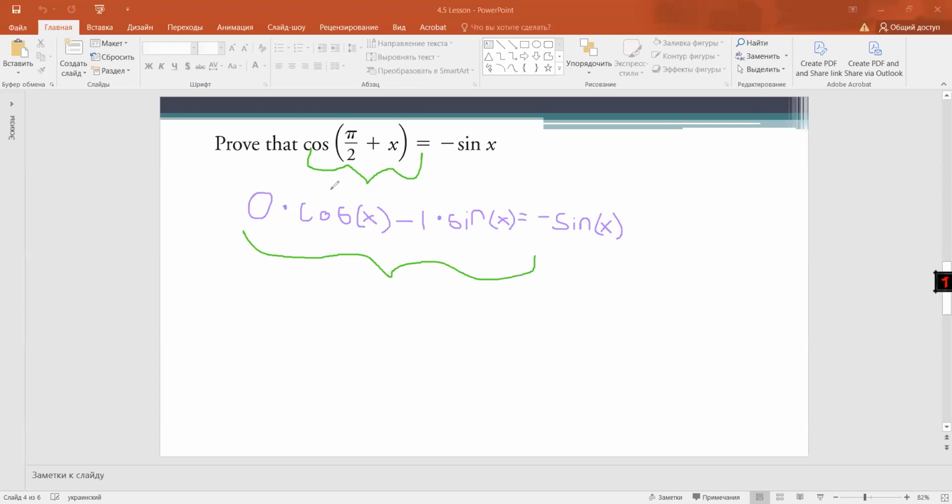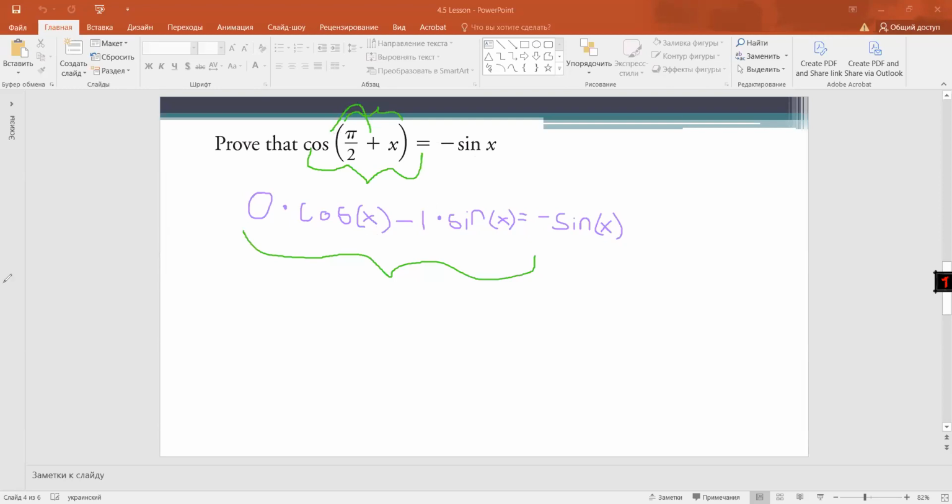Mm, you cannot. So it's not. You have to. Let me explain something here. What you have in the brackets, pi over 2 plus x, is the variable of the cosine function.